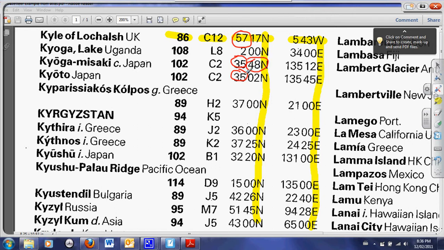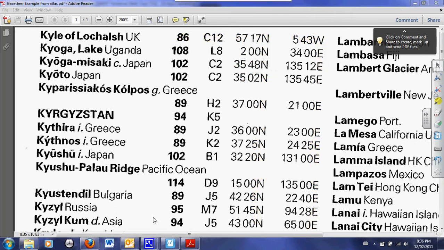That is minutes. So you've got 35 degrees, 48 minutes. In fact, you can have a third set of numbers that gets it even more precise, and you could have 13 seconds. So 35 degrees, 48 minutes, 13 seconds. Just because I know once we start working in the Gazetteer, you'll probably be wondering about that.